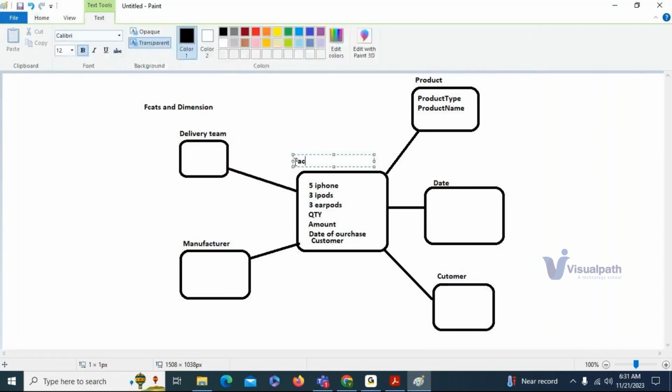These tables which are influencing the amount and the quantity are the dimension tables.